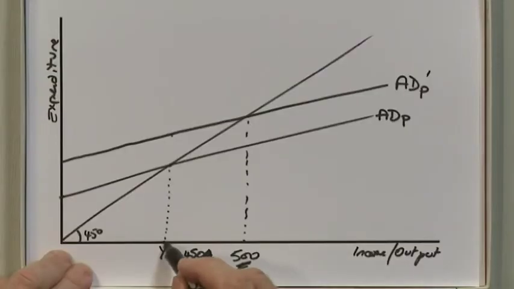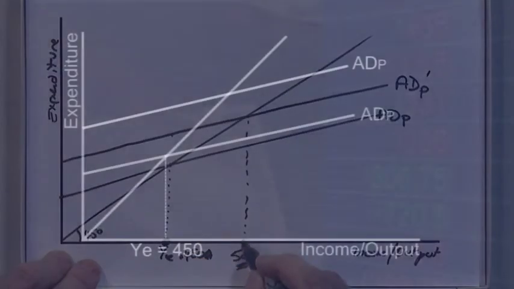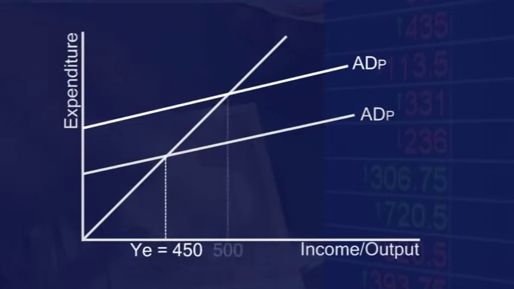Let's look at the diagram. We wanted to raise national output from 450 to 500. There is the extra output that we produced. Did we need to raise expenditure by that much? We did not. We only needed to raise it by that much.